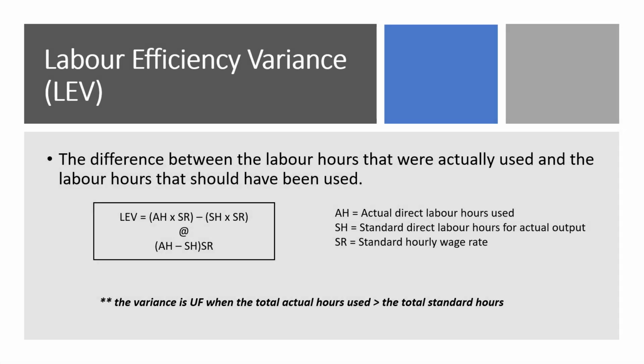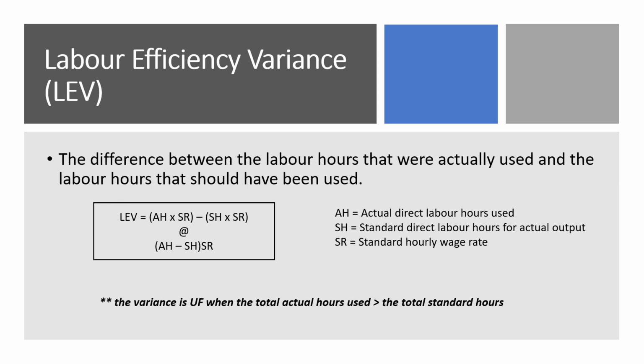And you can see the labor efficiency variance, or LEV, is the difference between the labor hours that were actually used and the labor hours that should have been used. So the labor efficiency variance equals actual direct labor hours used times the standard hourly wage rate, minus the standard direct labor hours for actual output times the standard hourly wage rate.